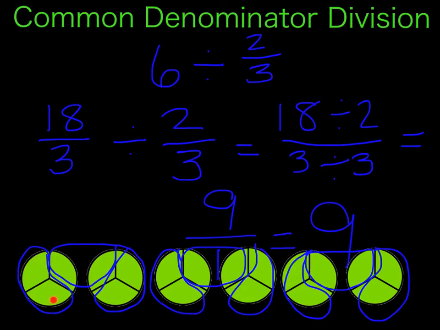So I've got 2/3 here, 2/3 here, 2/3 here, and so on. And this equals 1, 2, 3, 4, 5, 6, 7, 8, 9, which is why we got the answer of 9 at the end of our problem. So, within the whole of 6, there are 9 sets of 2/3.